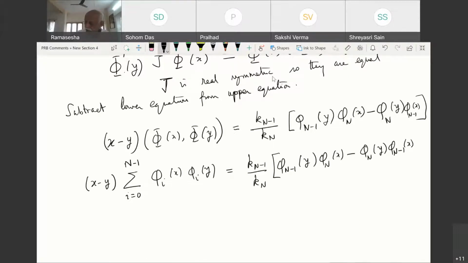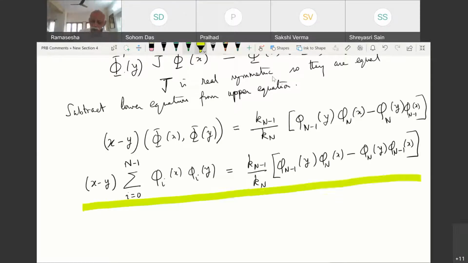So this is the identity. It is extremely useful, and I'll tell you why.